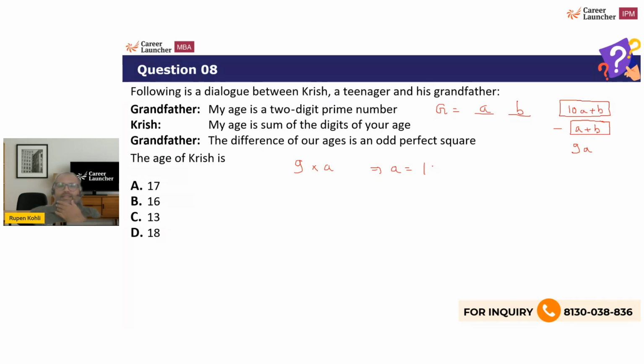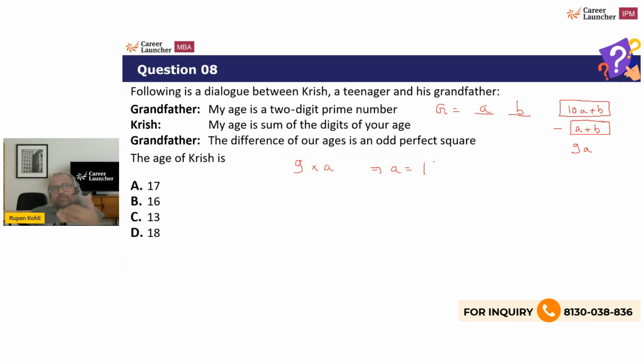So, well, that is biologically impossible, and mathematically, I don't think so. Can you have A as 1? Impossible, right? Not possible.